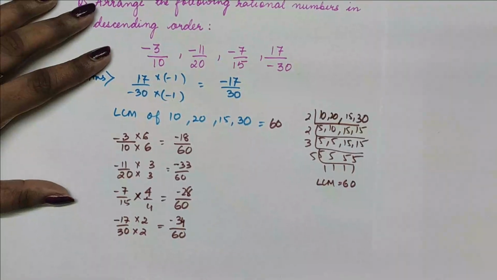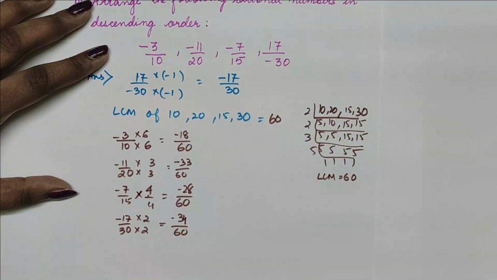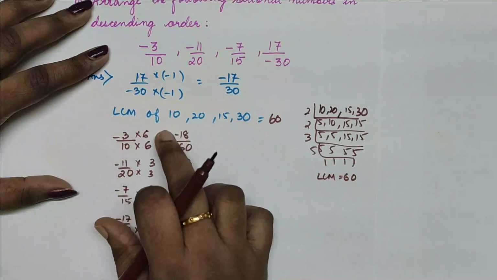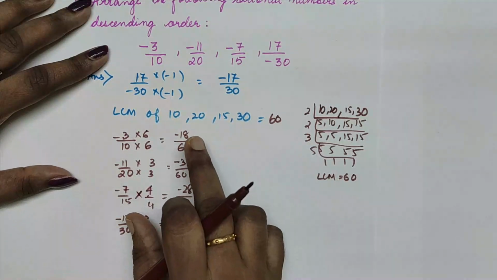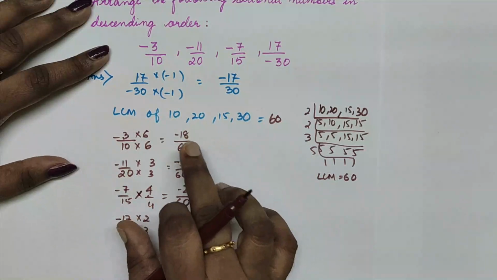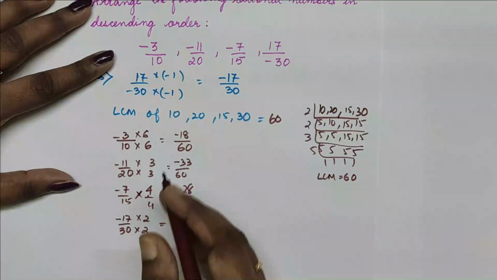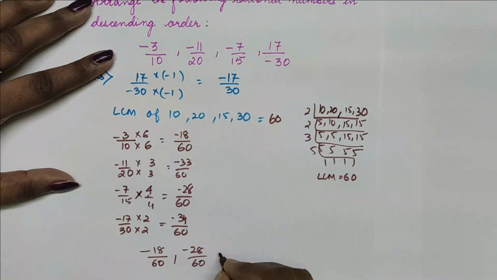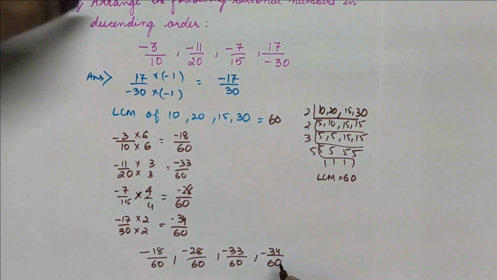Now you know that as it is a negative number, all the rational numbers here are negative. The one with the smallest numerator will be the largest number. So we have to arrange in that sequence. So it will be minus 18 by 60, then minus 28 by 60, then minus 33 by 60, and minus 34 by 60.